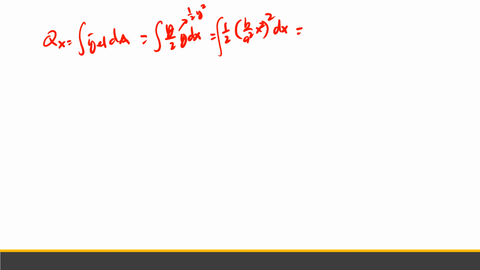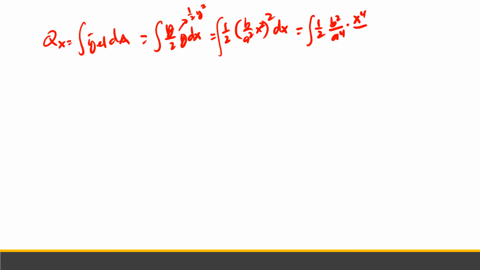So this is equals to, ilan na ba to? So we will integrate, we will evaluate this. So konti-konti na natin, no? So squared of b over a squared x squared is b squared over a to the 4 times x to the 4.